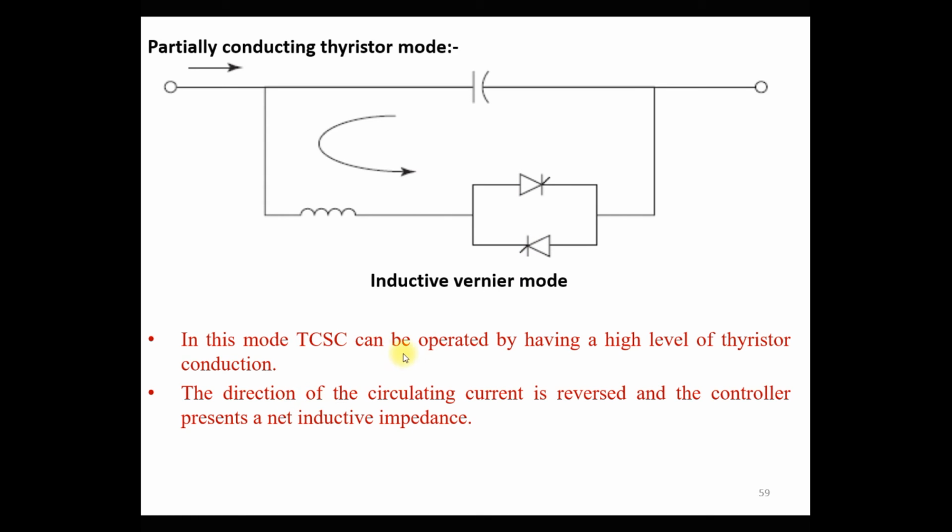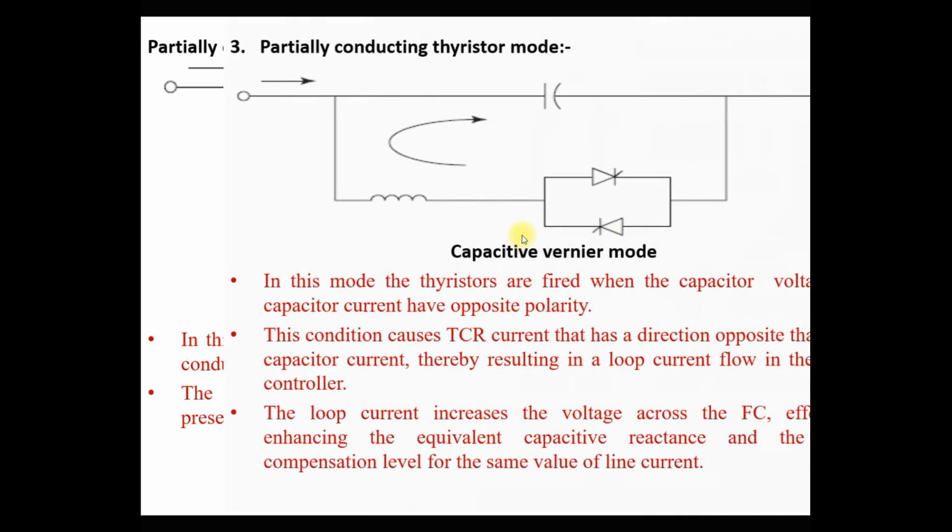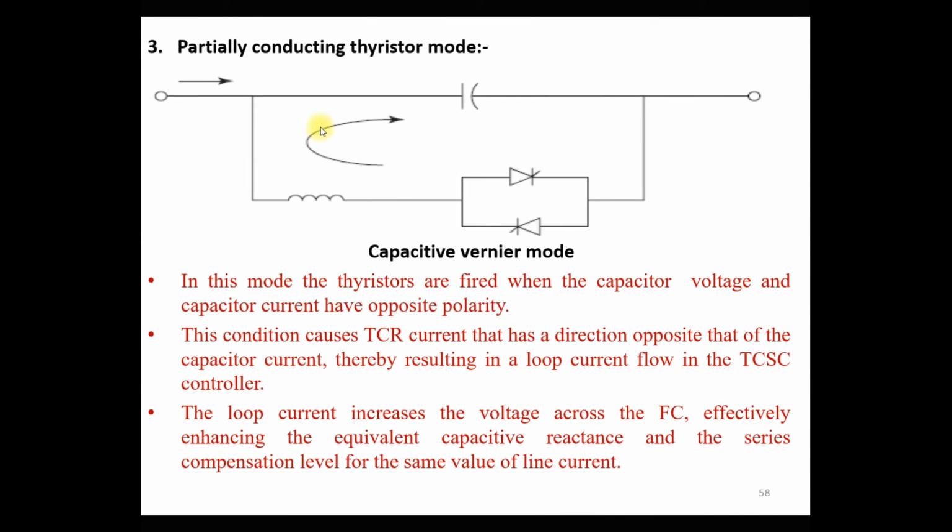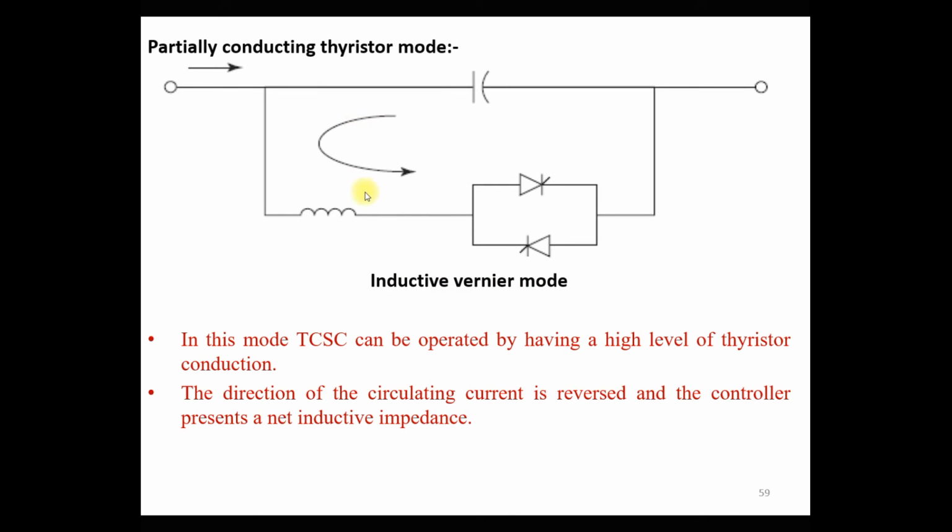In this mode, TCSC can be operated with a high level of thyristor conduction. So in this mode, the thyristor conducts more than in the capacitive vernier mode. In this case, the direction of the circulating current is reversed. You can see that the direction of the circulating current in the capacitive mode is clockwise, but in the inductive vernier mode it is anti-clockwise.